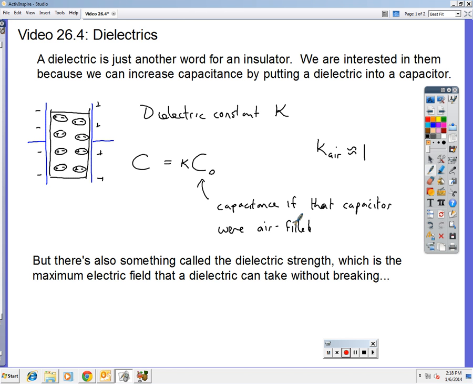That's also given for several materials in your textbook, and it's usually given in units of kilovolts per millimeter. Remember, those are units of electric field. A kilovolt per millimeter is 10 to the 6th newtons per coulomb, so it's quite large.